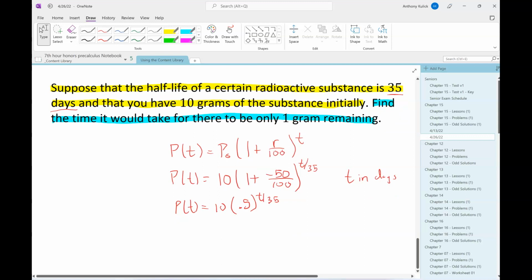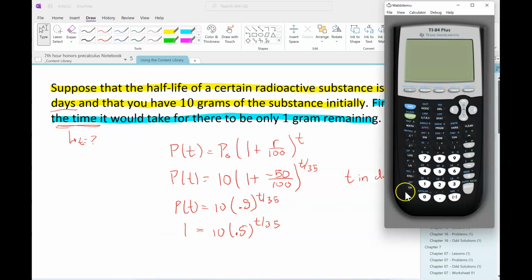And then we're interested in how, or find the time. So again, solving for T. It would take for only 1 gram remaining. So my P of T should be 1. So, calculator time again.